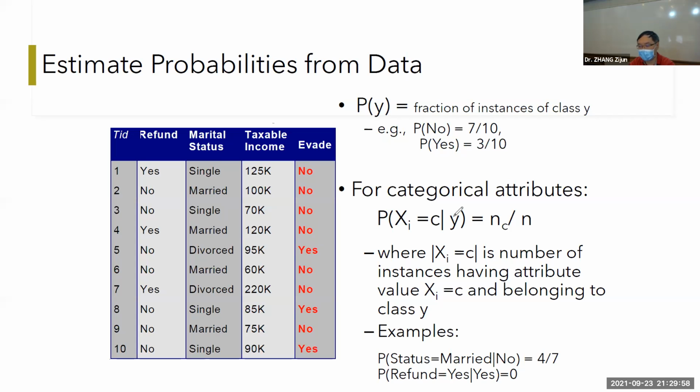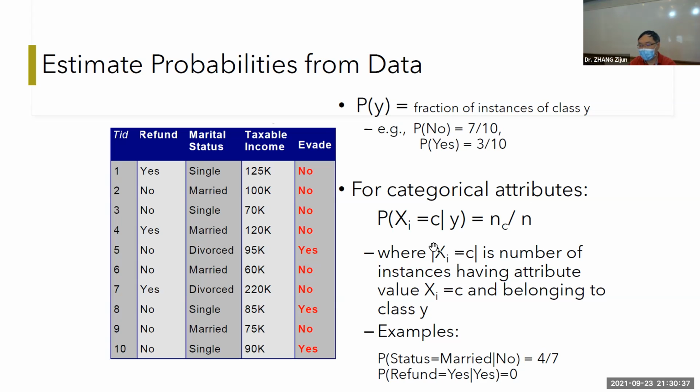Here you need to differentiate: n equals the total number of instances where y equals one of the values, yes or no. In this data set, if y equals no, then n is 7. If y equals yes, then n equals 3.